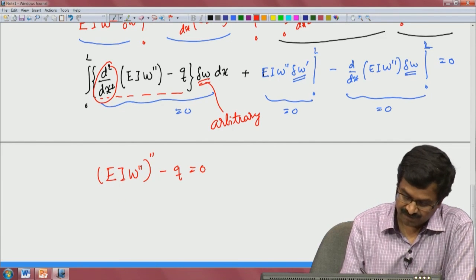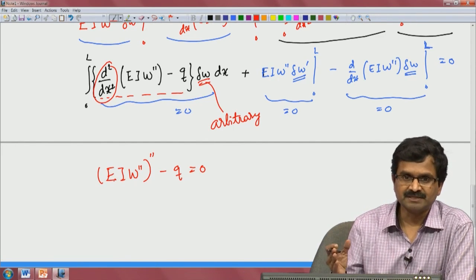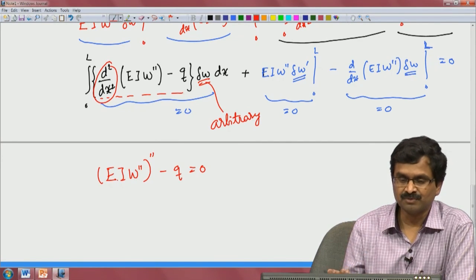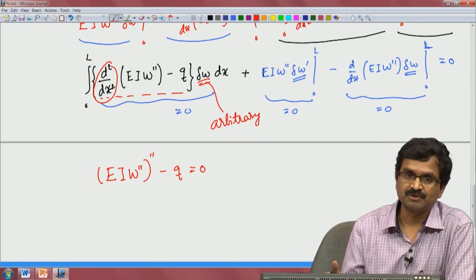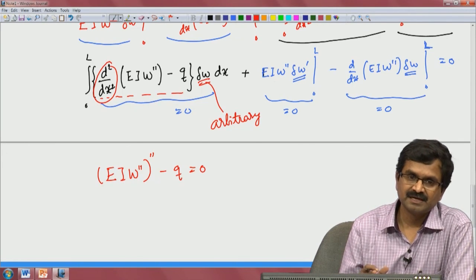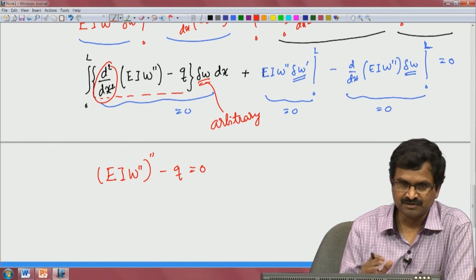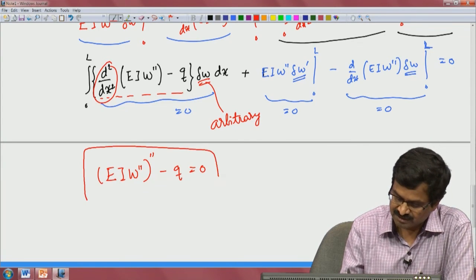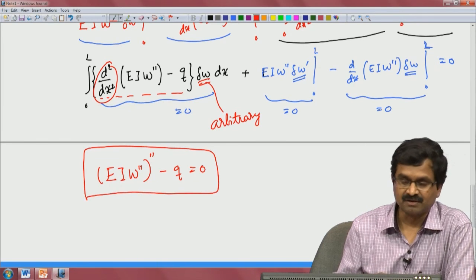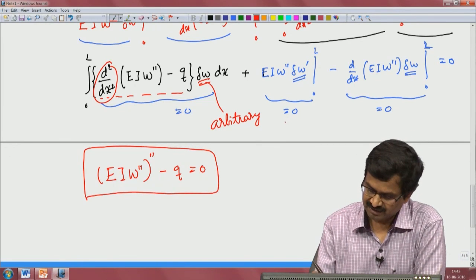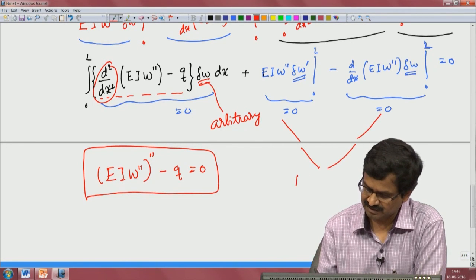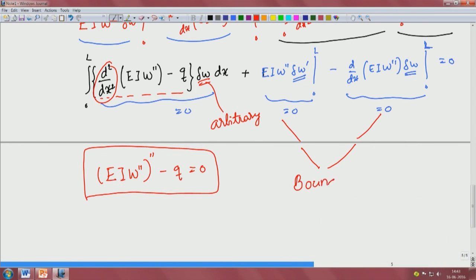So, if EI were uniform, that is it does not vary with x, then that will become EI w fourth derivative is equal to q, or minus q equal to 0. That is what you have learnt in mechanics of materials when you learnt beam theory, but this is more general, this is for variable cross section. And then these two are the boundary conditions, because we have a fourth order differential equation.